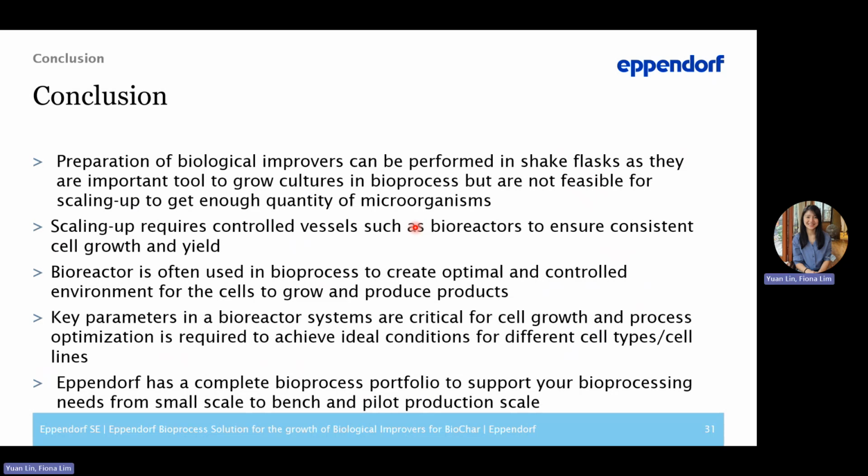And then thirdly, bioreactors are often used in bioprocess to create an optimal and controlled environment for cells to grow and produce products. Next, key parameters in a bioreactor system are really critical for cell growth, and process optimization is required to achieve ideal conditions for different cell types and cell lines.